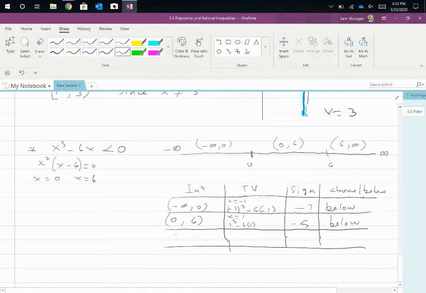And then from 6 to infinity, we can test x equals 7. 7 cubed minus 6 times 7 gives me, that's 49. You know, I've been doing this wrong. This should have been x squared. So this is squared. And this comes out to be 49, which is positive, which means it's above.